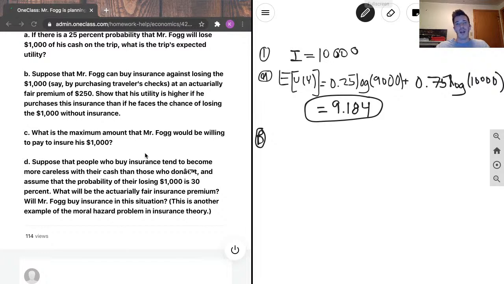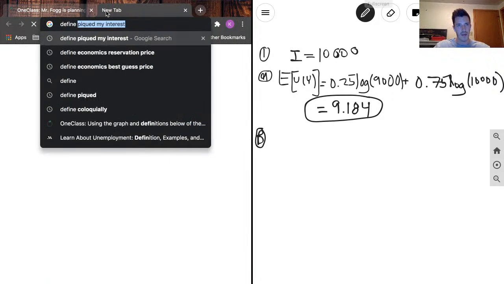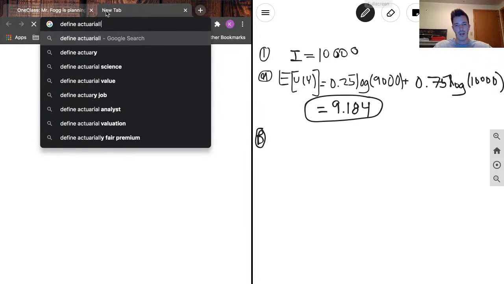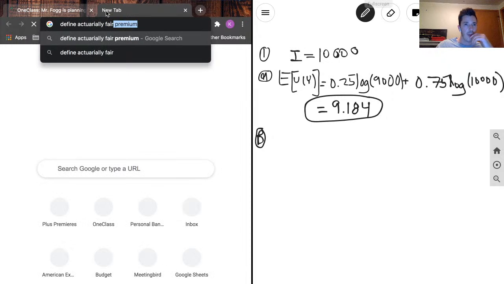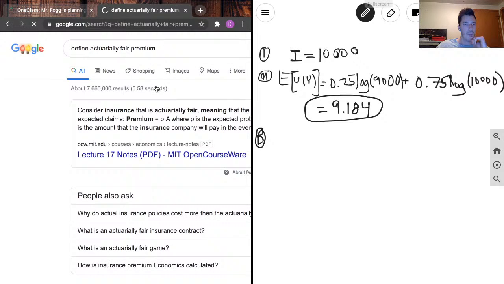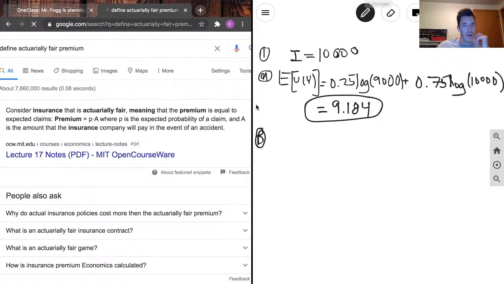Suppose that Mr. Fogg can buy insurance against losing the $1,000, say by purchasing traveler's checks at an actuarially fair premium of $250. Actuarially fair premium basically means that it's correctly assessed. Maybe I'll actually give you guys the exact definition instead of going off memory. Equal to expected claims.